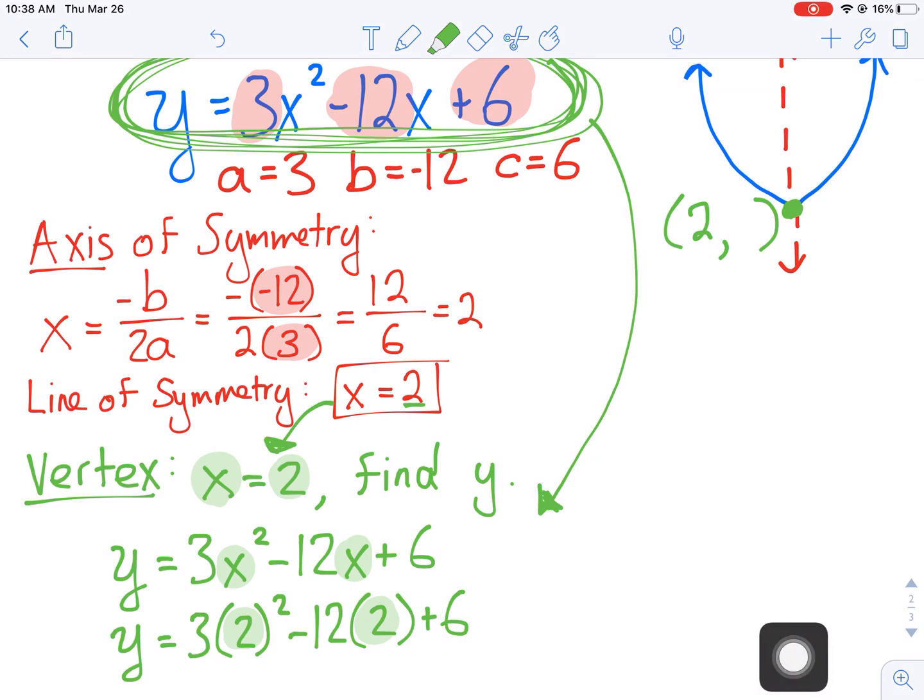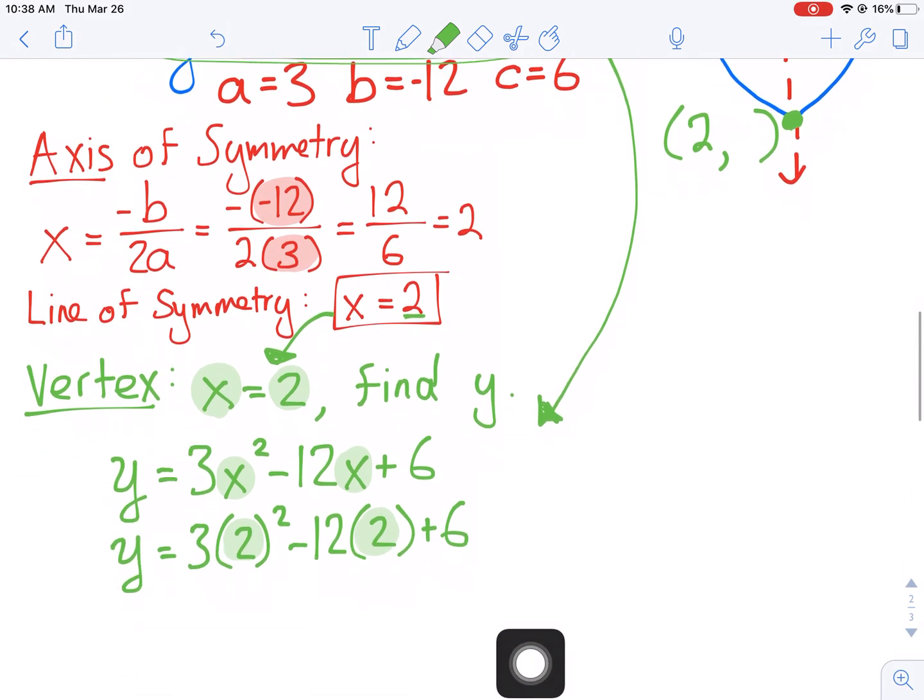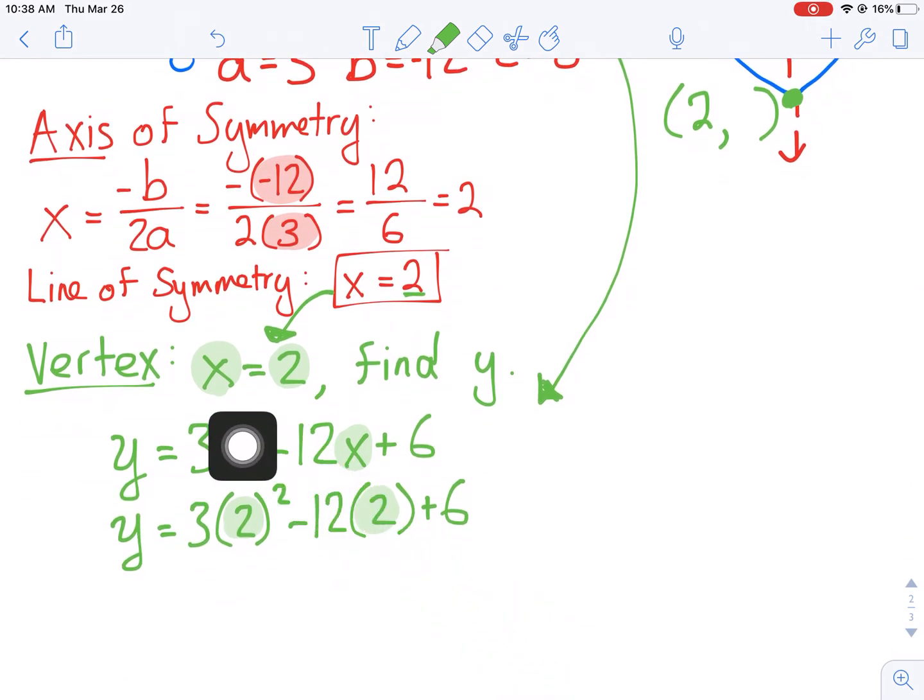So just take a moment to look at what we did in the bottom left corner. We said, since x equals 2, everywhere we see an x, we can replace it with 2.